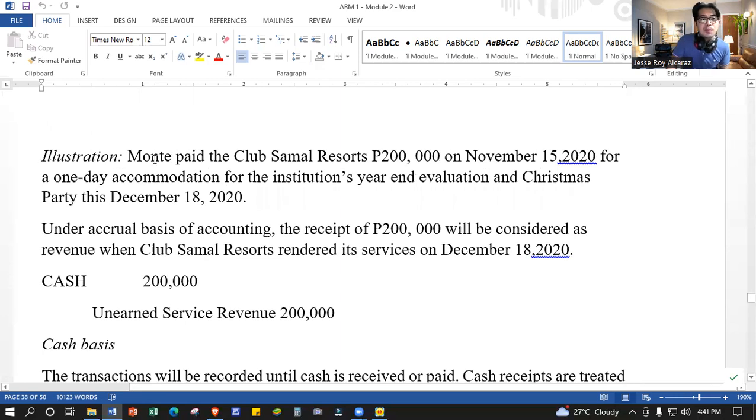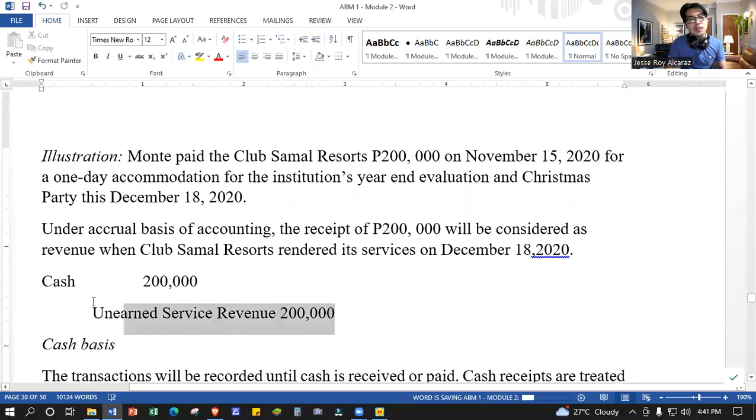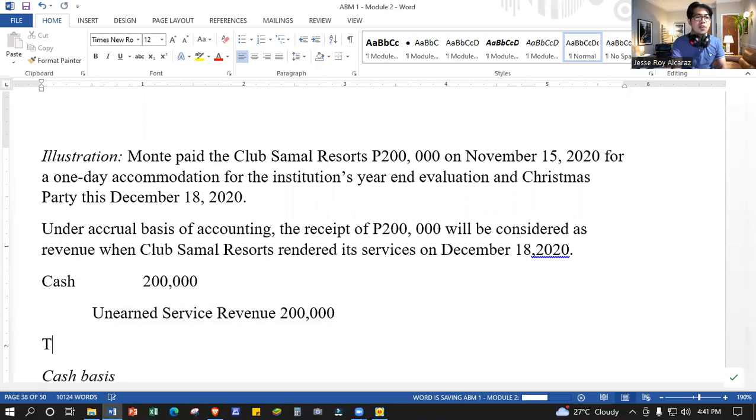Okay, for example, Monte paid the Club Samuel Resorts 200,000 on November 15. Take note that in adjusting entries, it is important to take note of the date. This is for one-day accommodation for the year end. So Club Samuel Resorts received 200,000 pesos. Therefore, the entry to record the receipt of the 200,000 pesos is debit cash, credit unearned service revenue.